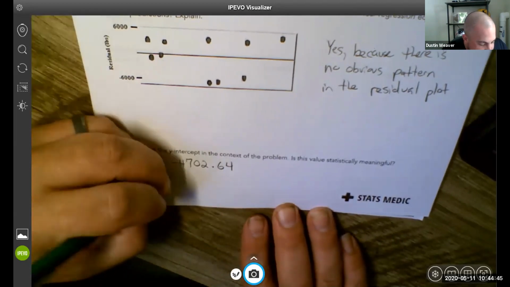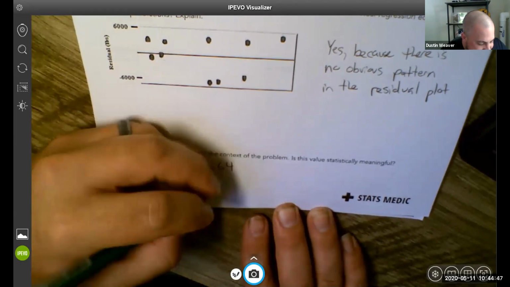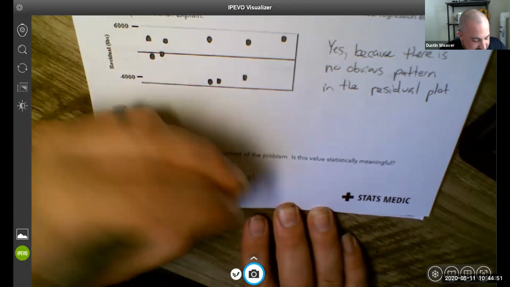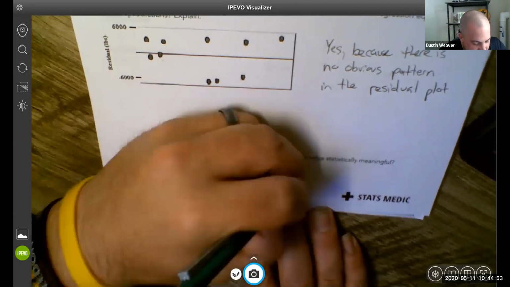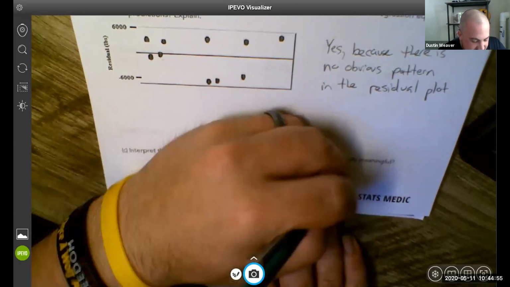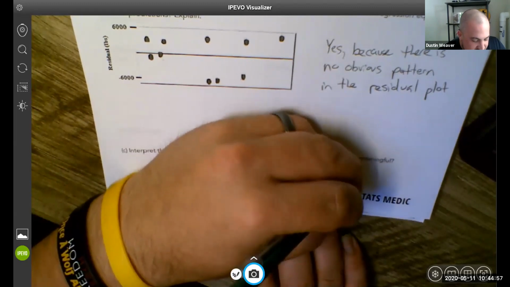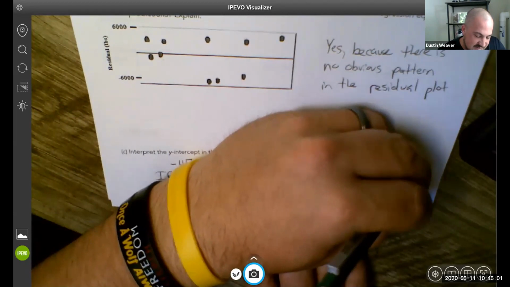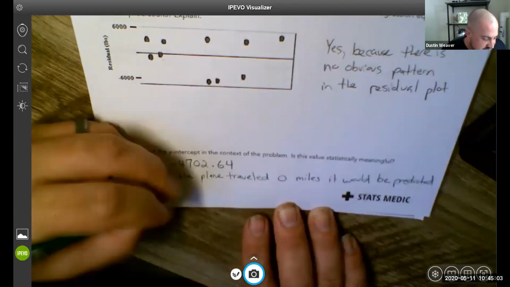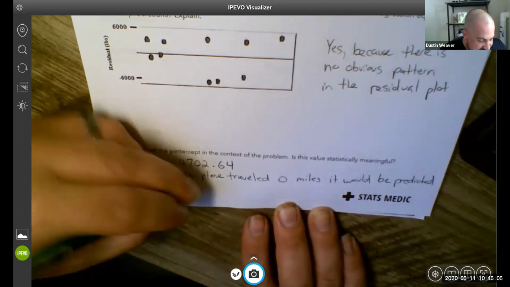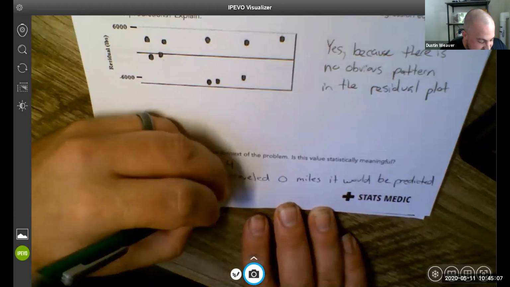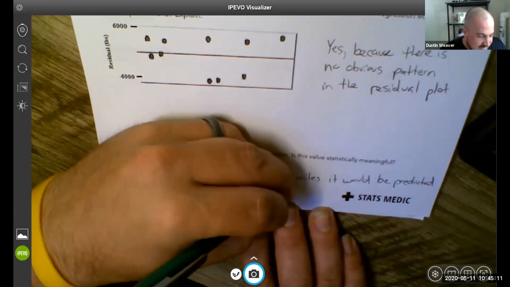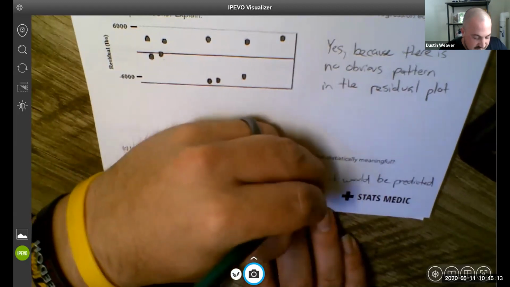So if the plane traveled 0 miles, it would be predicted to use negative 4,702.64 pounds of fuel.